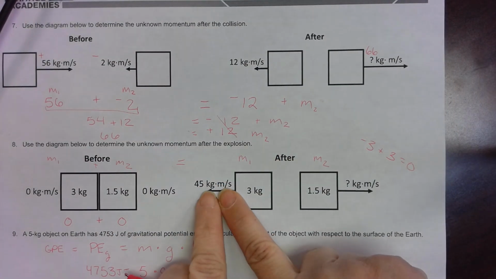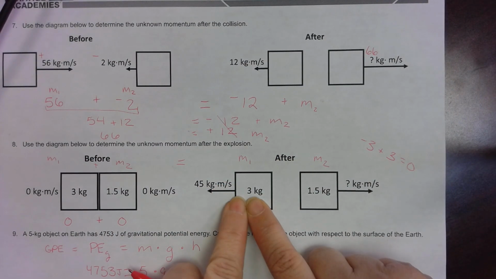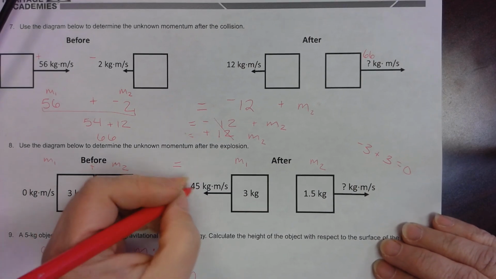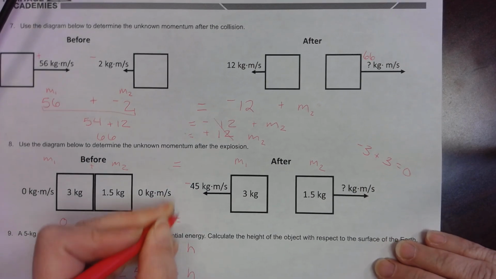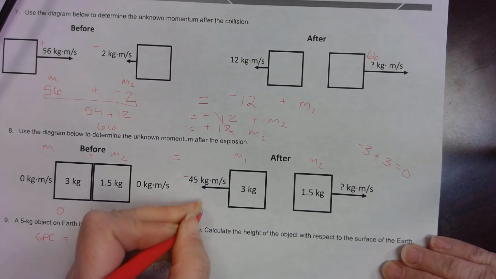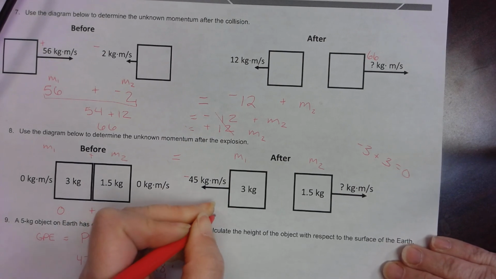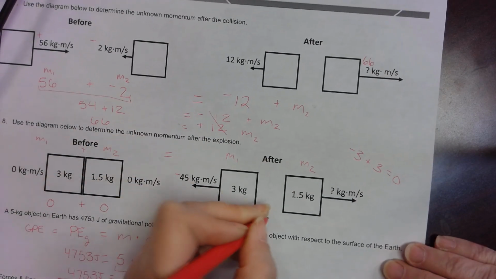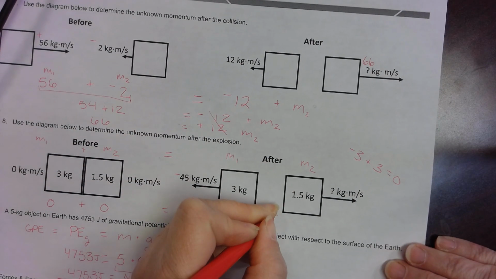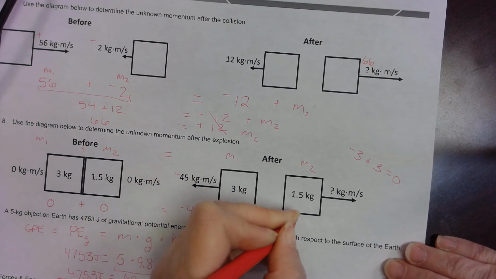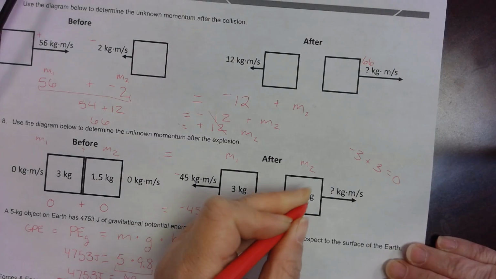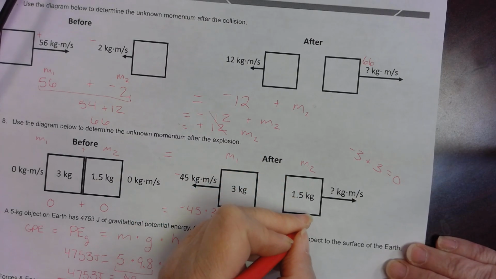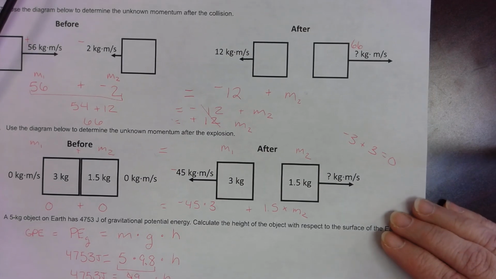So I know that this is going to be a negative because it's 45 times 3 and it's also to the left, so it's negative 45. So I'm going to have negative 45 times 3 plus 1.5 times my second momentum.